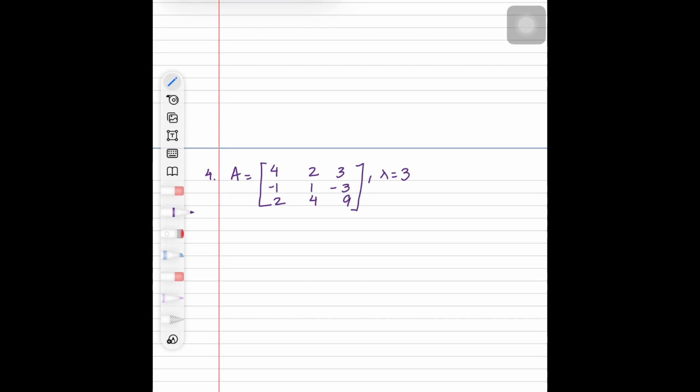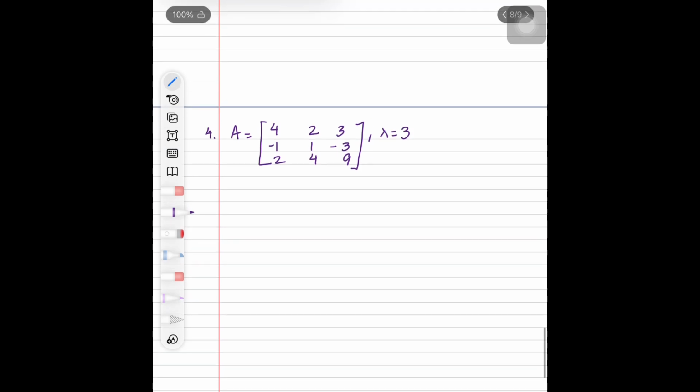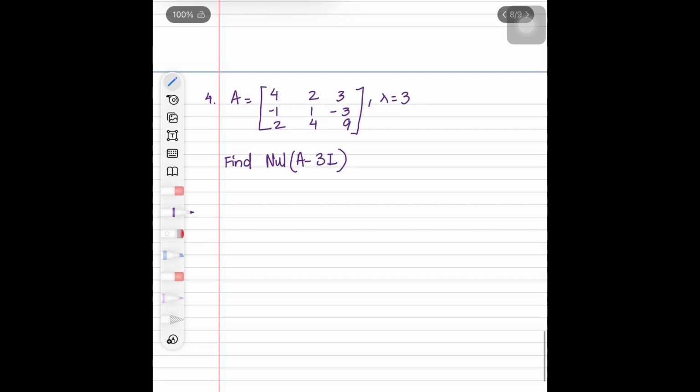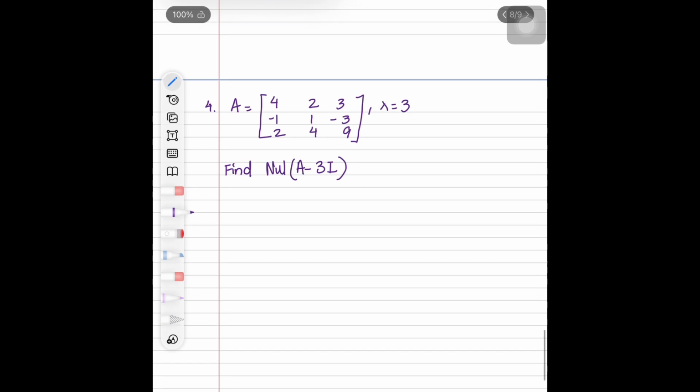So in this case we only have one. Let's get started. So first step, find the null space with the lambda 3. This is basically easier since they've given us the lambda, the eigenvalue.